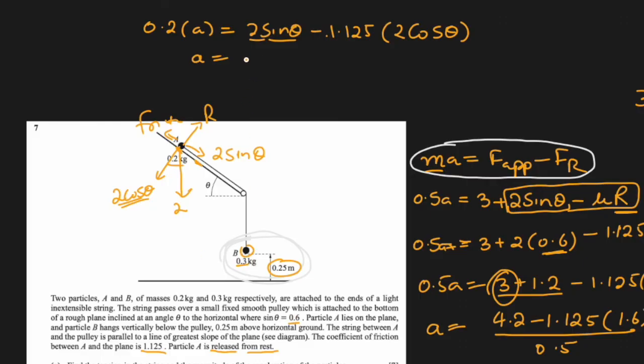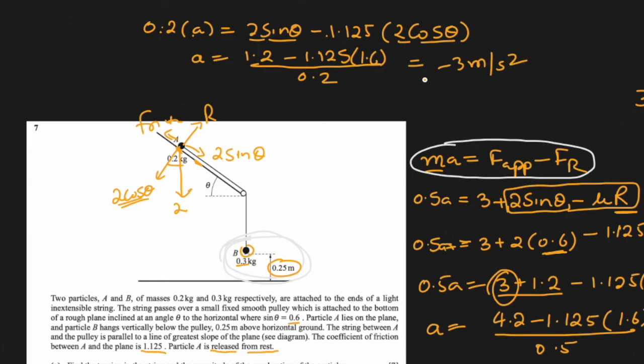So 2 times 0.6 is 1.2 minus 2 times 0.8, that's what we got cos theta as, 1.6, divided by coefficient of A this time, which is 0.2. So it comes out to be minus 3 meters per second square.